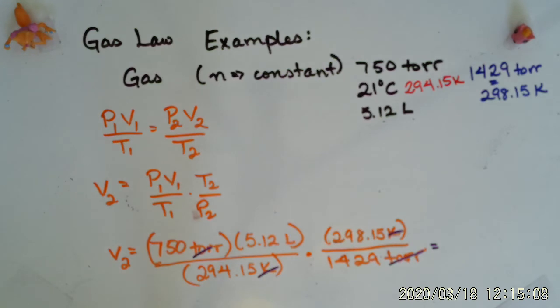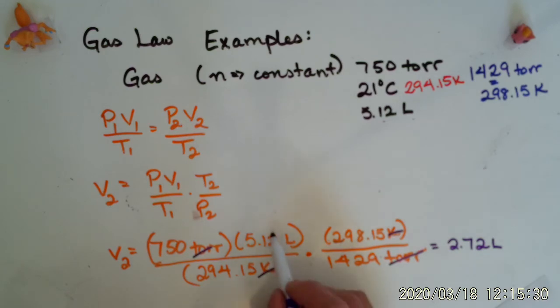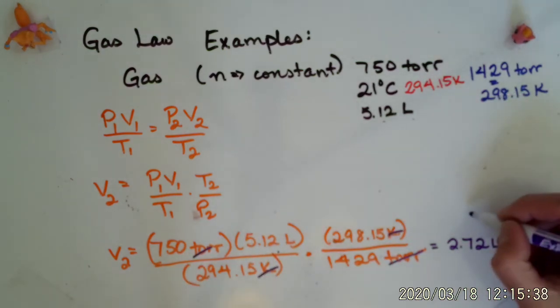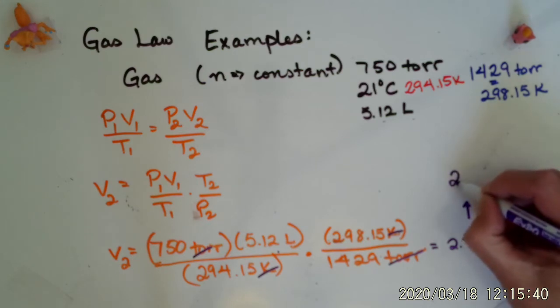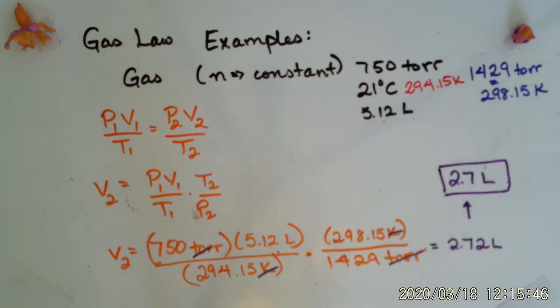So it's 750 times 5.12 times 298.15 divided by 294.15, also divided by 1,429. Okay, so we get a volume of 2.72 liters. This is in three significant figures. Sorry for not putting a 0. So if you say classically that should be 2, you would say 2.7 liters. And that would be my volume.